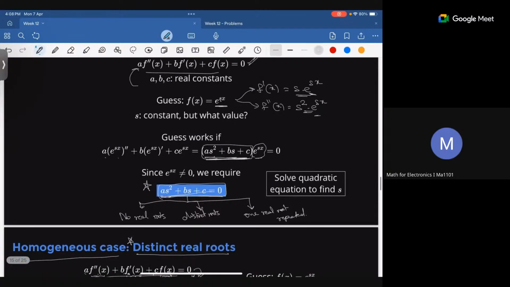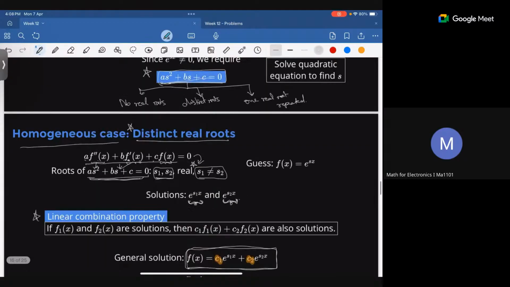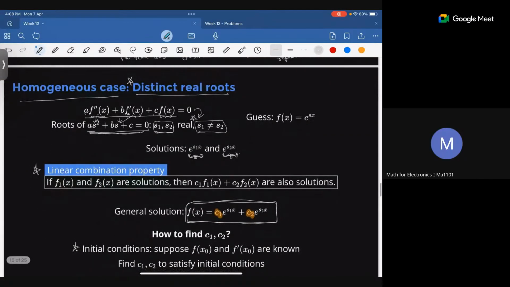Right, so among the three possible cases, we have seen the distinct real roots case, where once you find the solution to the quadratic equation, we get two distinct roots, s1 and s2, where s1 is not equal to s2. That is how they are distinct.